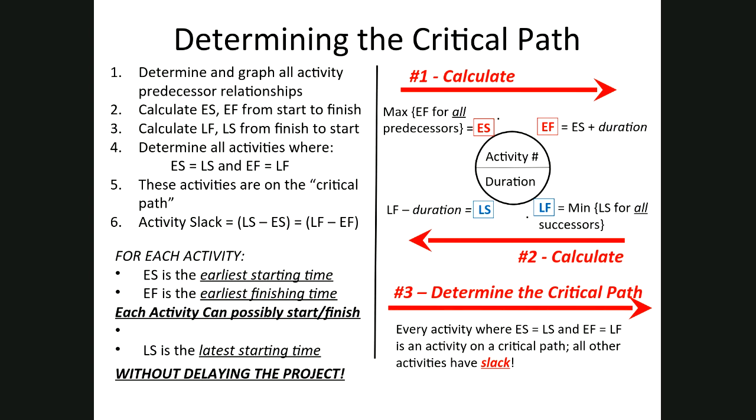And then we made a pass from the left to the right through the network where we calculated our early start and early finish times. And then we made a pass from right to left in the network where we calculated the latest finish and then the latest starting times. Then, noticing where the early start and late start were equal, or where the early finish and late finish were equal, those were tasks on the critical path.